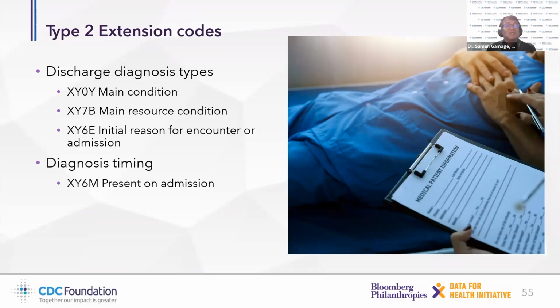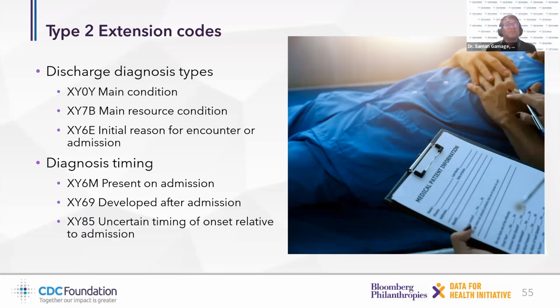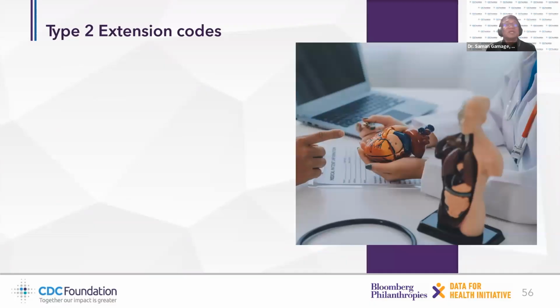If a condition was present on admission, that can be indicated by using an extension code. Or if another condition developed after admission, to indicate that, we can use a type 2 extension code. Or uncertain timing of onset relative to admission. So these are some examples of type 2 extension codes.